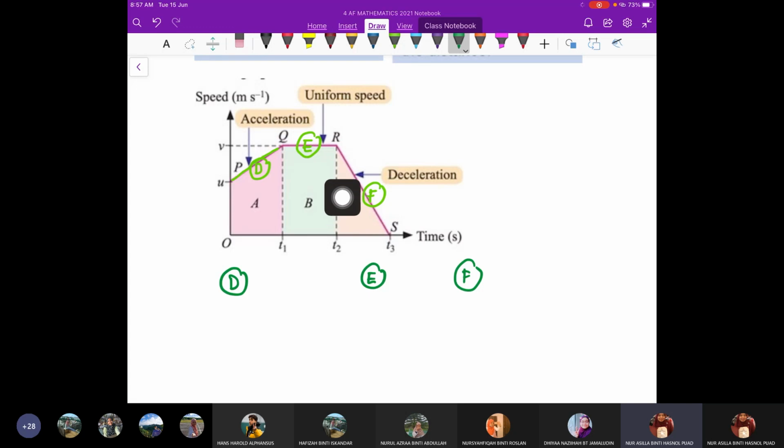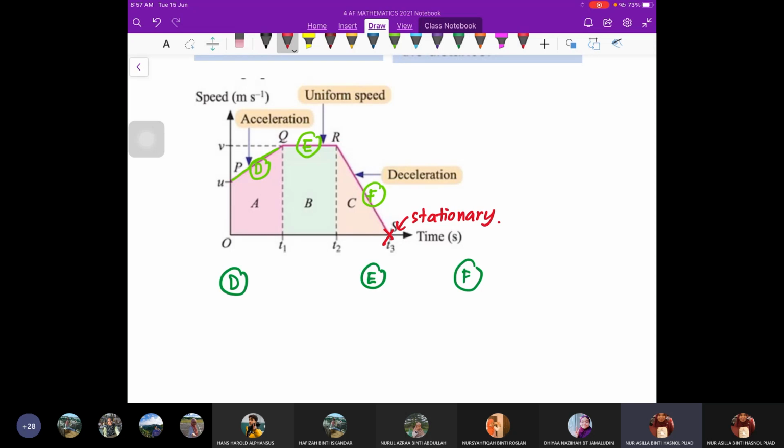Ataupun dia lepaskan minyak dia pun kereta dah boleh start slow down. And then kemudian dia tekan brake sehinggalah kereta itu berhenti. So bila dia cecah sahaja speed 0, meaning kereta itu dah berhenti. So dekat point bila mana dia sentuh je speed 0. So then dekat point ini sahaja it is stationary.